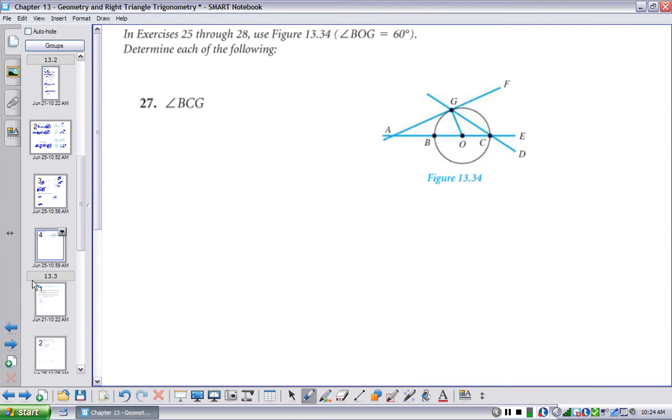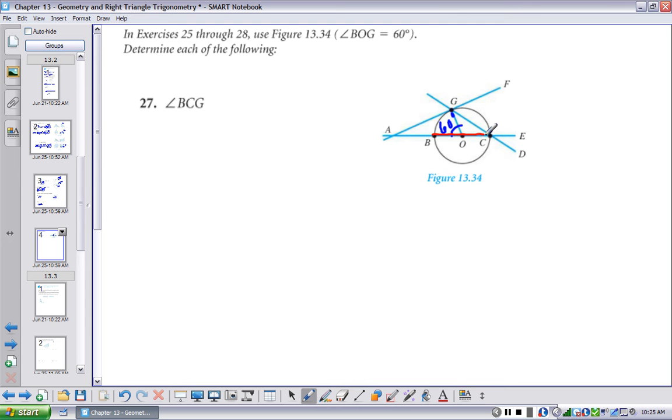One more. Number 27. They said that the angle BOG is 60 degrees. They want us to determine the angle BCG. Let's mark that in another color.